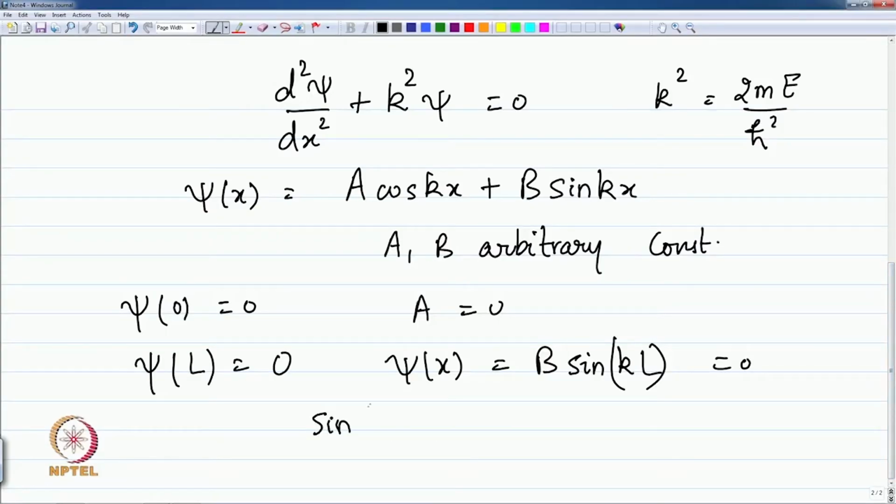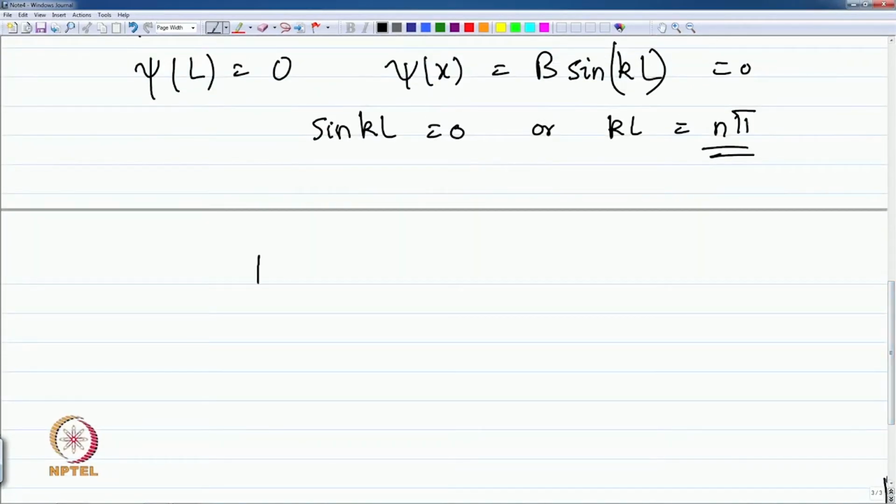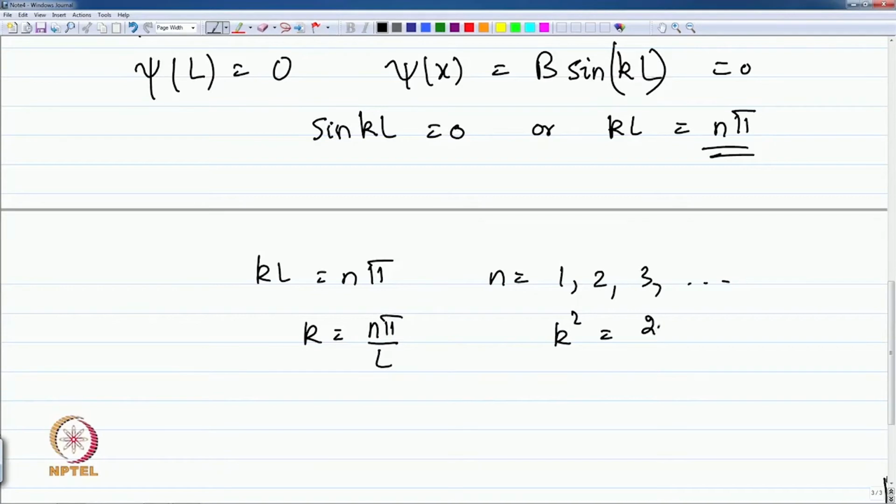which means sin kL has to be 0, or kL has to be an integer times pi. n is an integer. kL is equal to n pi, and obviously we do not want n equal to 0, which is also the case of triviality, and so what we have is n equal to 1, 2, 3 etc. integers, or please remember k is equal to n pi by L. Look at this, k squared if you recall is 2mE by h bar squared.